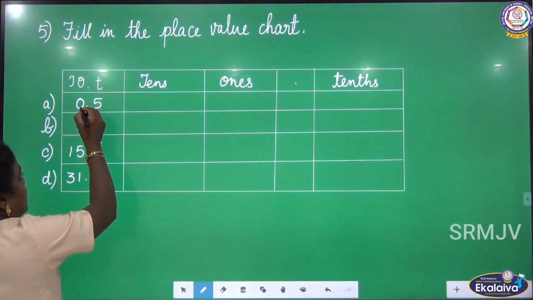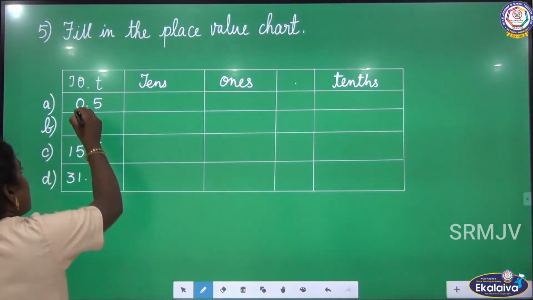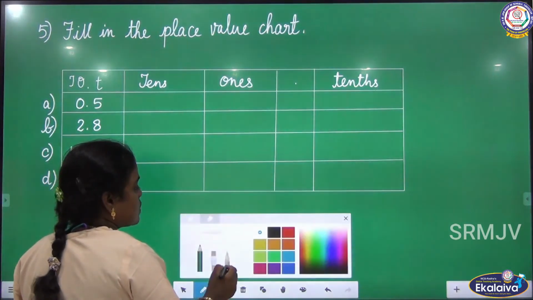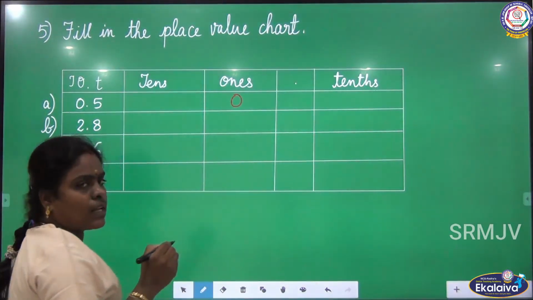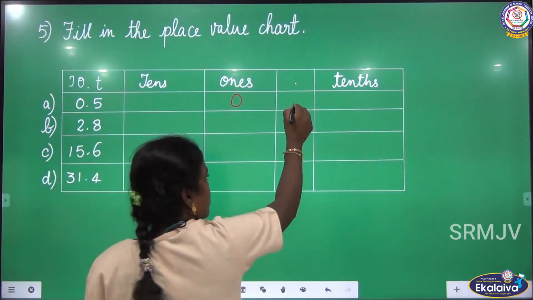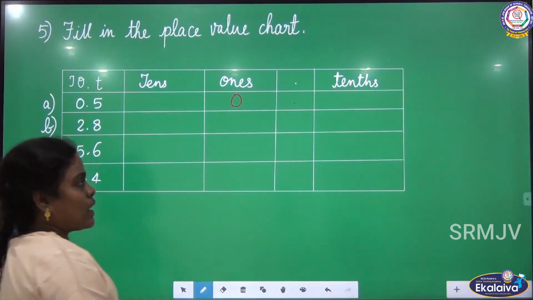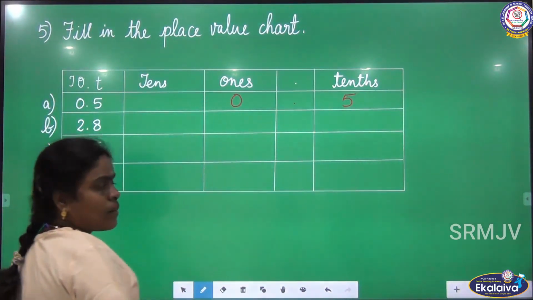So here listen, in the first number 0.5, 0 is in the ones place. So let us write 0 in the ones place. Dot, we have 5 in the tenths place. So write 5 in the tenths place.